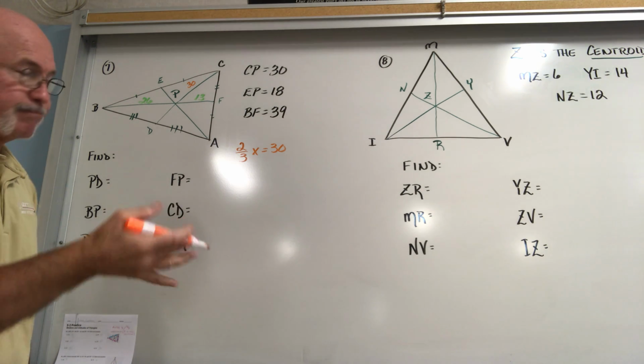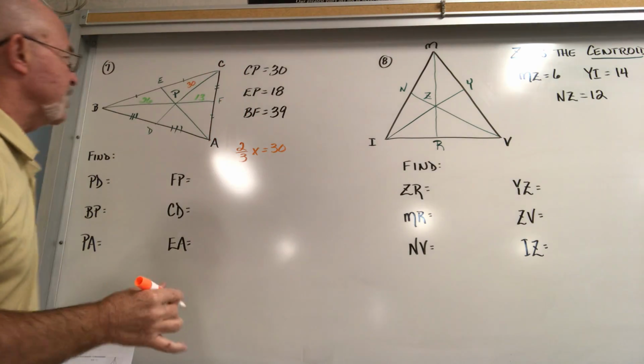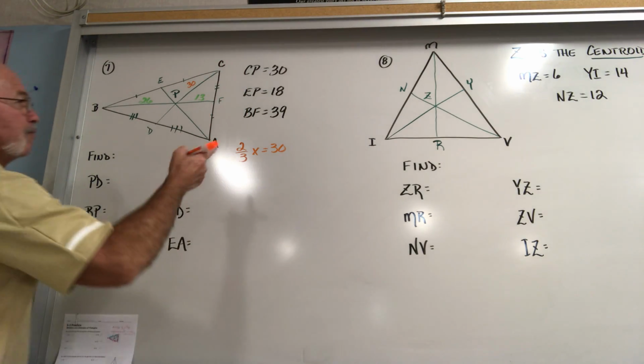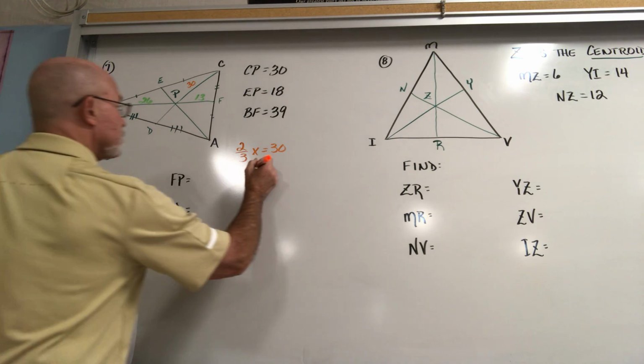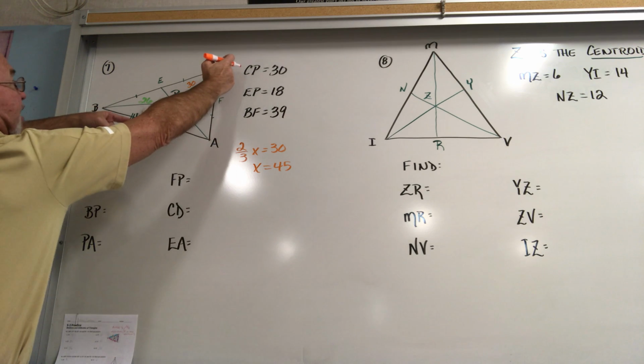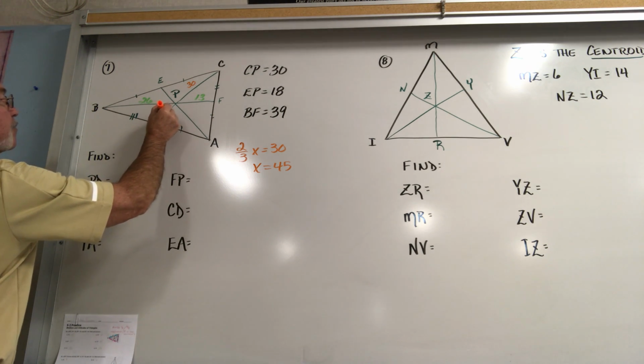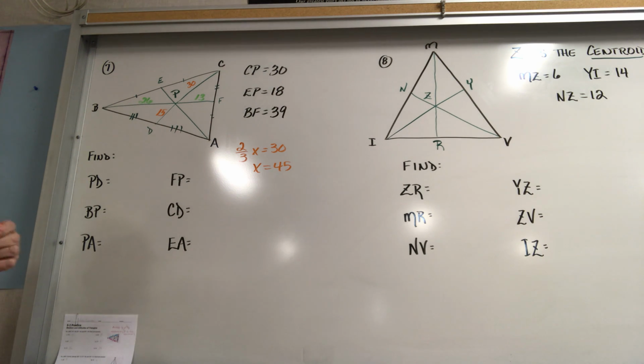That's how you're going to find the other part of it. Let me just say that in brass tacks for you. That entire length there is 45, which means that part is 15.